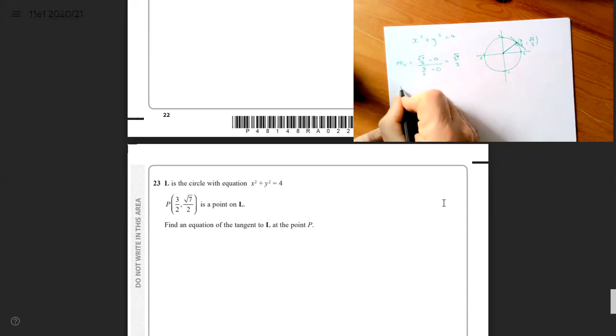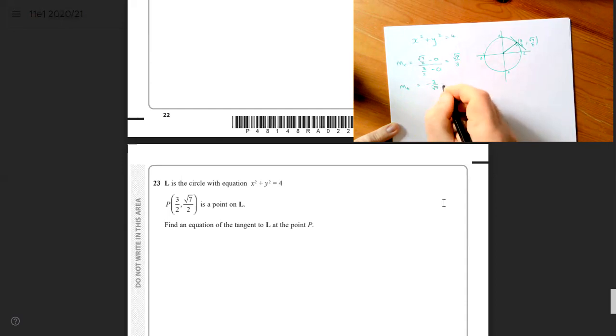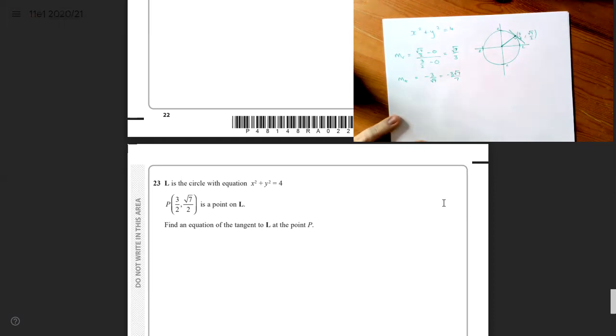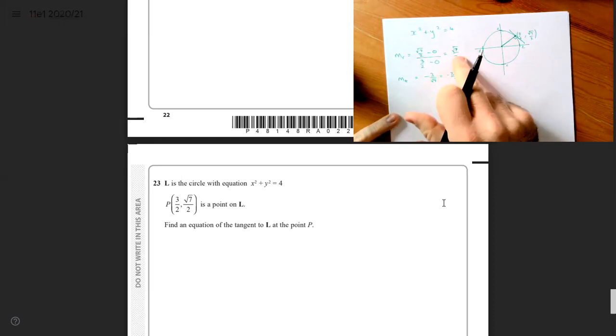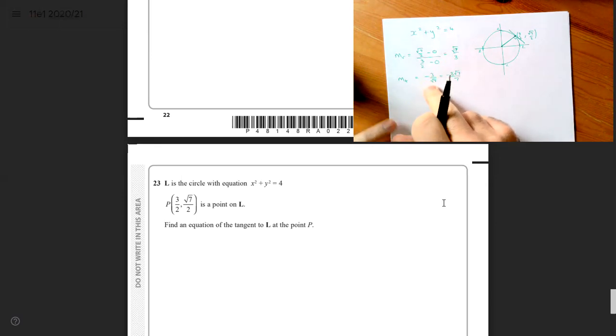So therefore the gradient of the tangent is minus 3 over root 7, which is minus 3 root 7 over 7, because I don't like surds on the denominator. So I've rationalised that. Remember that your two gradients, when they're perpendicular, multiply together to give you minus 1, or it's a negative reciprocal.